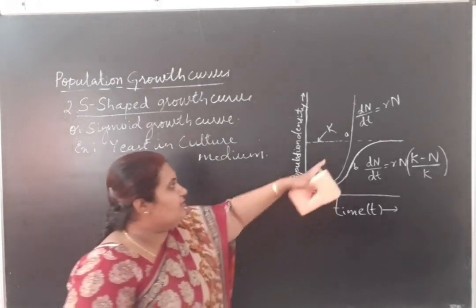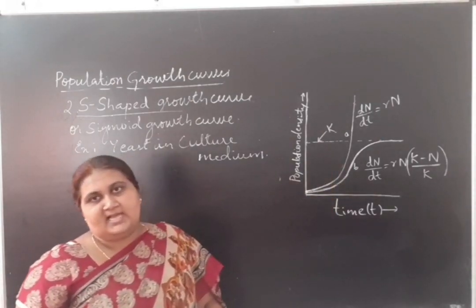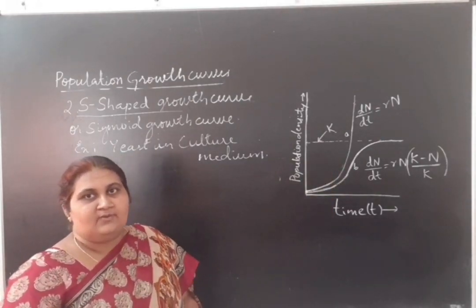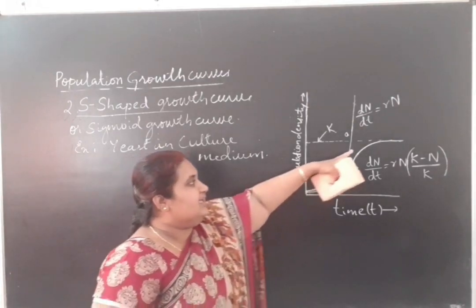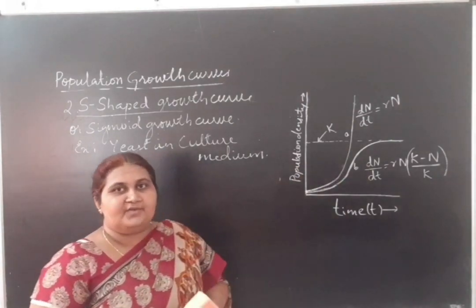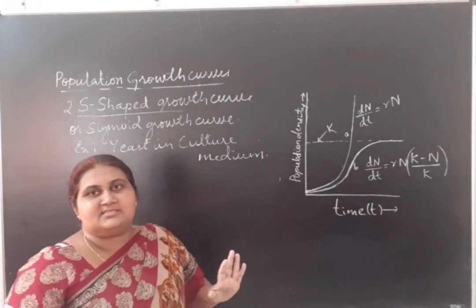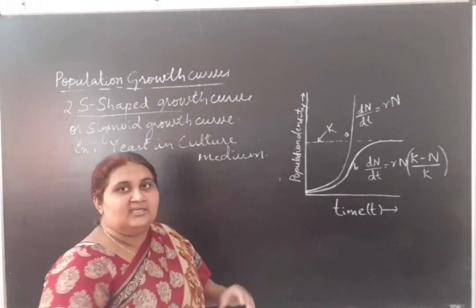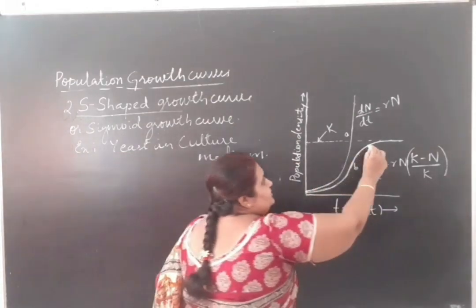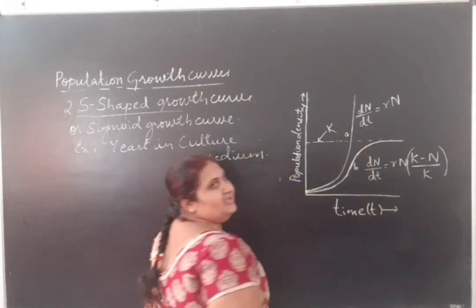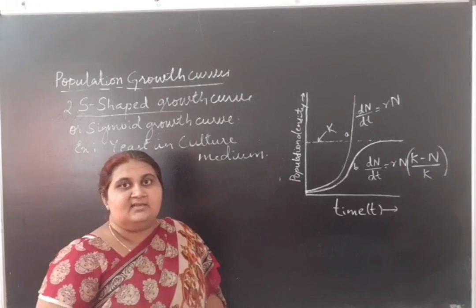It does not cross carrying capacity. Why? Because in the negative acceleration phase, there occurs environmental resistance, which does not allow a population to cross the carrying capacity.